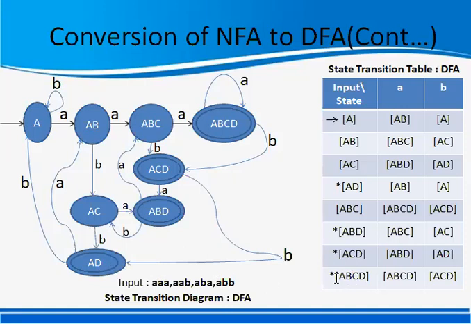Now we will see the transitions on ABCD. From state ABCD, on input small a, the next state will be ABCD itself, and on input small b, the next state will be ACD. And here you can see all these states having D, that is AD, ABD, ACD, and ABCD. All are final states.